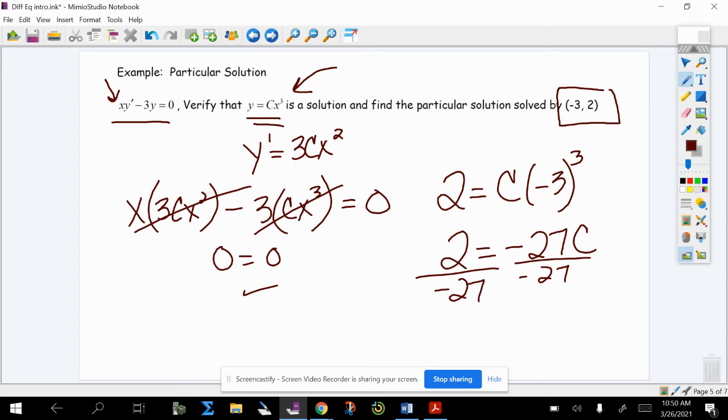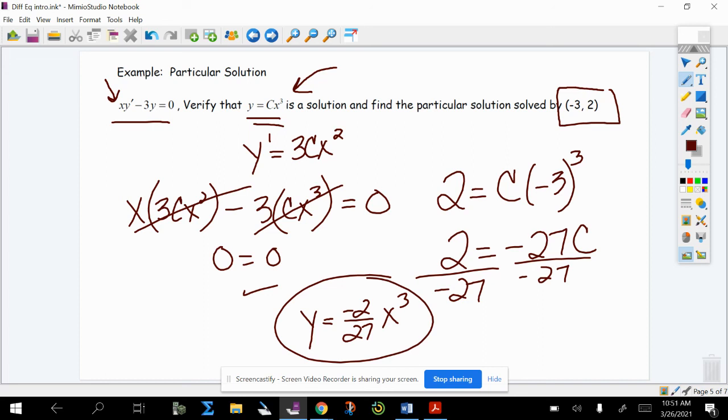It's 2 over negative 27 or negative 2/27. So my particular solution is negative 2/27 x cubed. So that takes you through a lot of things that we talked about in chapter 4, maybe not in quite the same presentation, but it gives you an idea of what a differential equation is, how we determine if something is a solution to it, and how we can go a step further and find the particular solution.